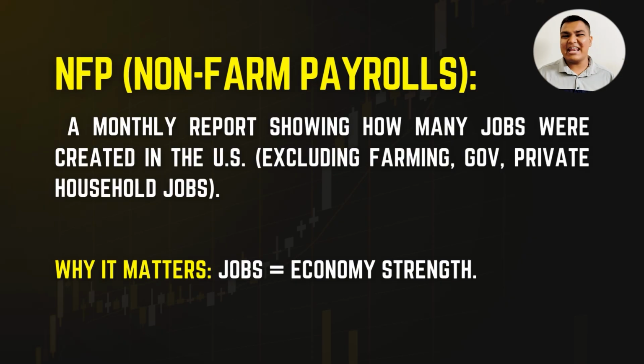Now comes NFP, non-farm payroll. This is the monthly report showing how many jobs were created in the US, excluding farming, government and private household jobs. Why does this matter? Because jobs equal economic strength. How can we see NFP from a trading angle?